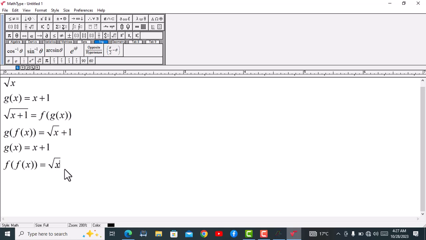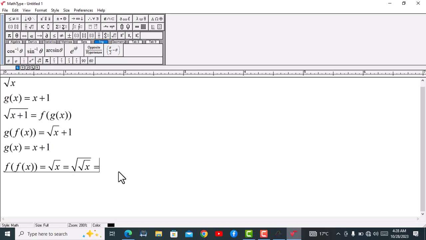Inside of f, where I see x, I'll be writing the square root of x. Now I have the square root, and inside here where I see x, I'm writing the square root of x. This is what I have.